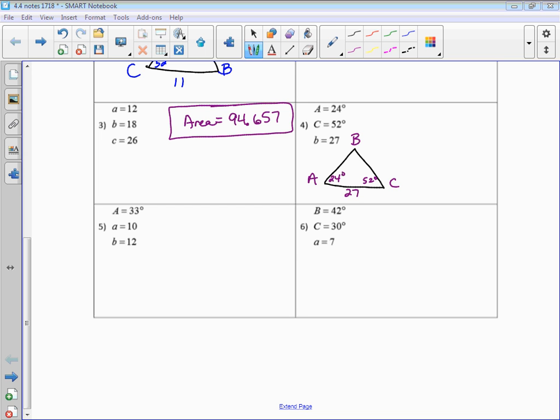Okay, so if you find side A and side. You're asking me.